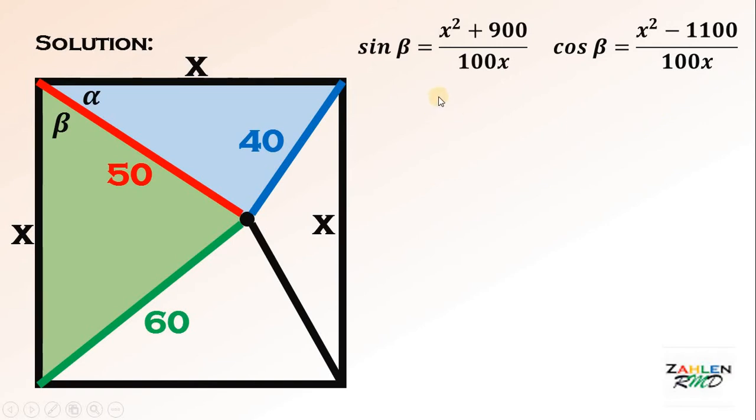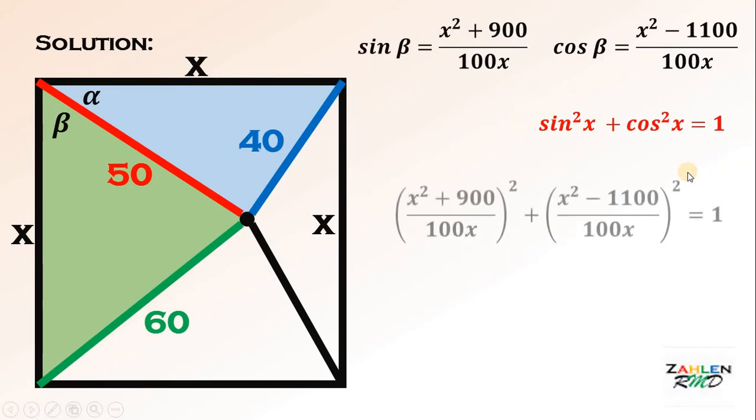Now since we have sine and cosine, we will use another identity, which is the Pythagorean identity. We have sine squared x plus cosine squared x equals 1. We have the value of sine beta and we have the value of cosine beta. Therefore, we can use this identity.